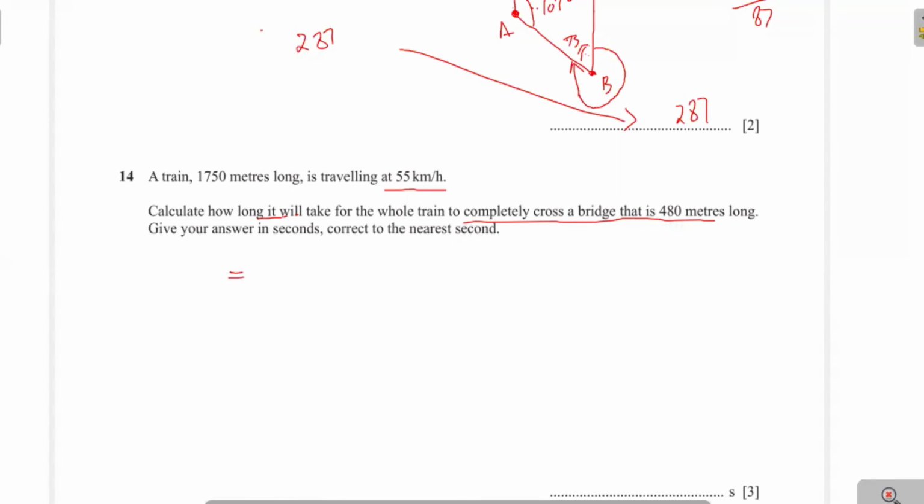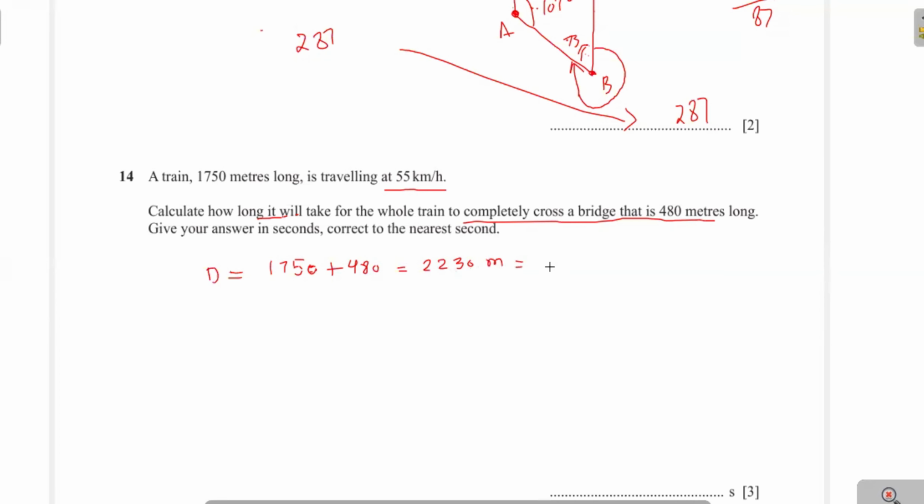You see here the total distance the train has to cover will be 1750 meters, the length of the train, plus 480 meters, the length of the bridge. This will be equal to 2230 meters.